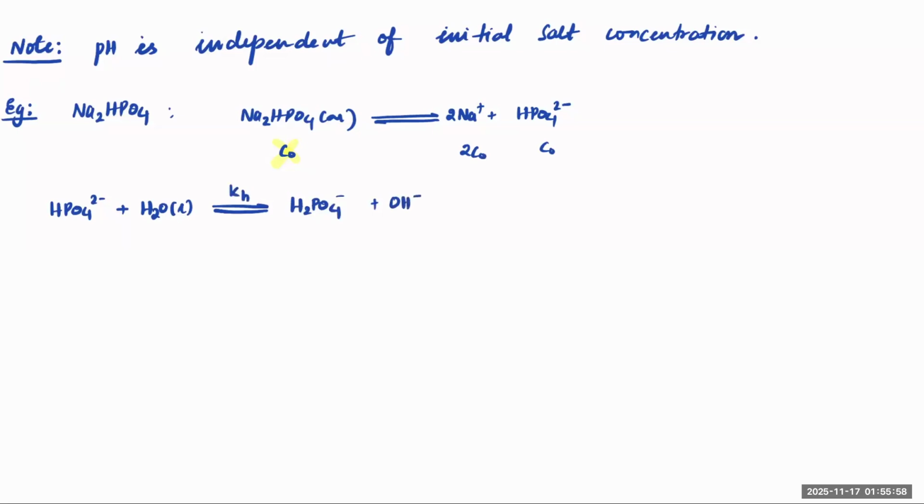So this will be the KH value. And on the other hand, HPO4 2 minus also showcases its acidic property by giving away H plus. So we will get this as PO4 3 minus. And this is the third dissociation of phosphoric acid. So we write it as Ka3.